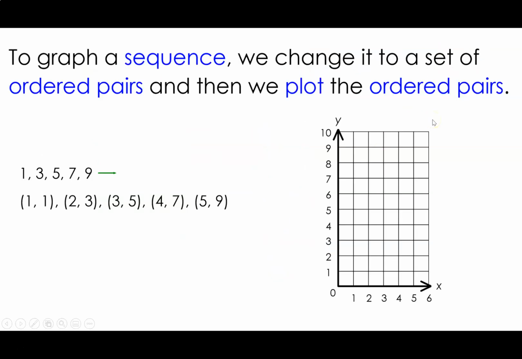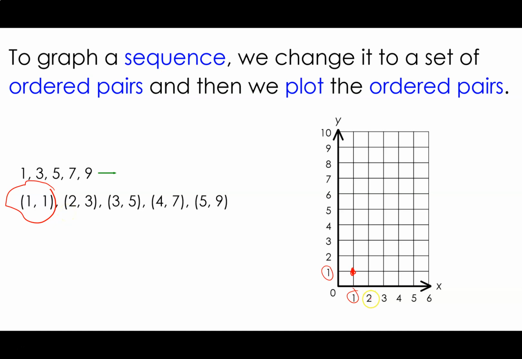Now, in order to display this data as a graph, we need to take those ordered pairs and plot them on the graph. Let's do this one first. 1, 1. That one's easy. 1 on the x and 1 on the y meet right here. That's our first point on our graph. Now, 2, 3.